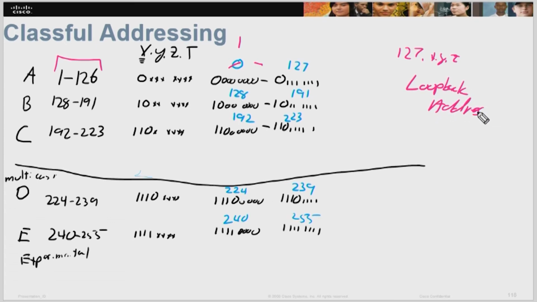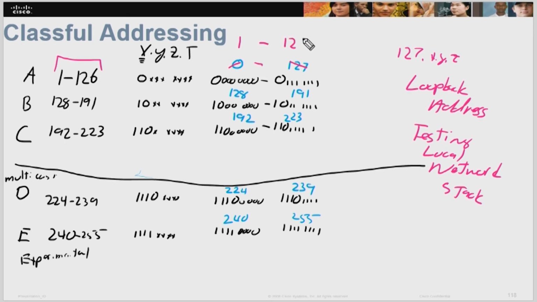And that entire space has been reserved for testing, just testing the software stack, testing your network, testing the local network stack that's on the local machine. So you can't use 127, so the actual range is 1 through 126. That's the classful addressing range, the definition of why the numbers are what they are, and what that binary value actually looks like.